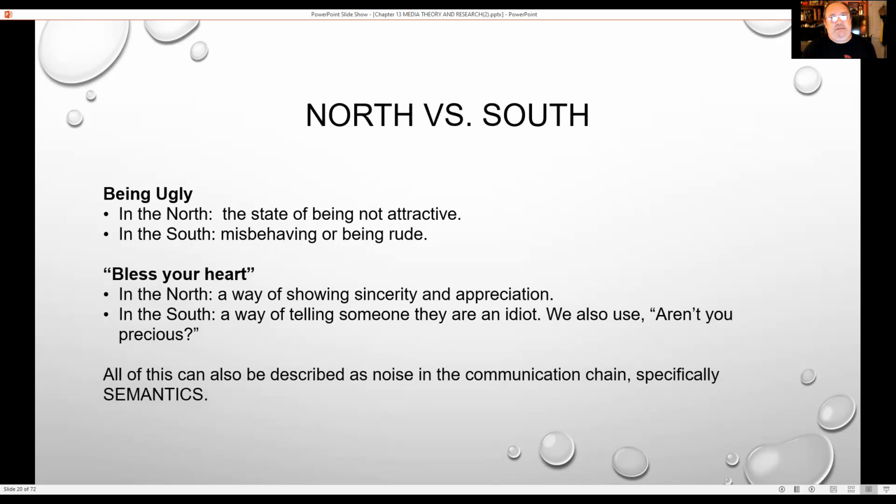This is semantics. This is the noise. And we can study this. We can look at these kinds of differences. But even among Southerners, some of you who were born and raised down here are probably looking at some of this and going, that's not the way we talk. That's not the way we do in my family or where I'm from.